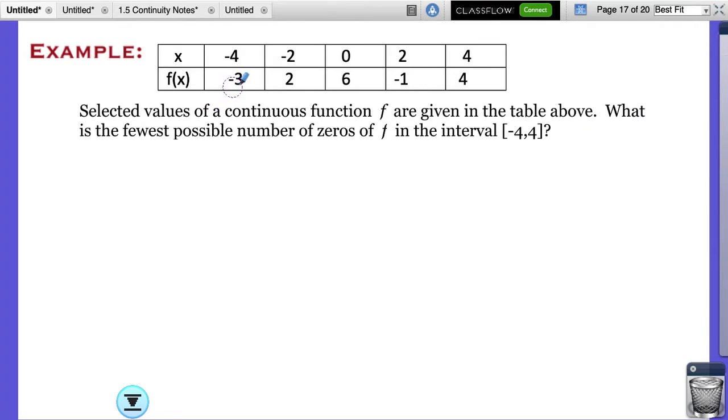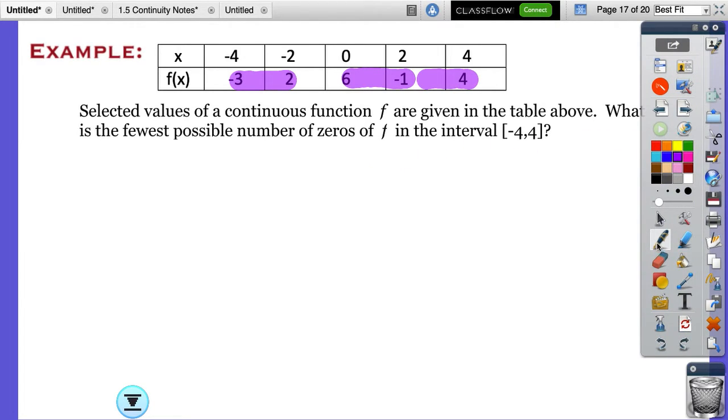That occurs right here between x values of -4 and -2. The y values go from negative to positive. It also happens between 0 and 2 because the y values go from 6 to -1. It also happens between 2 and 4 because the y values go from a negative to a positive.